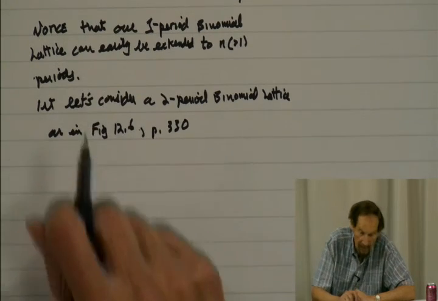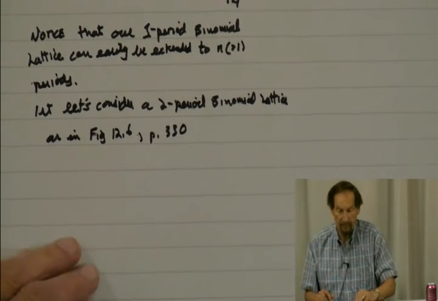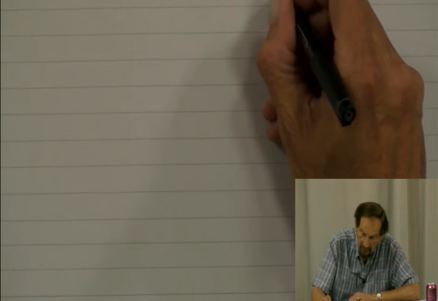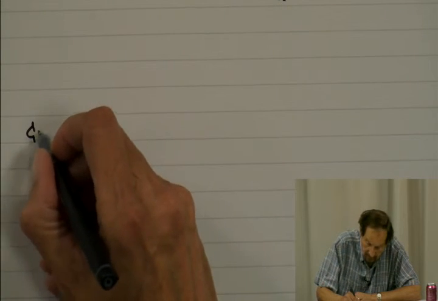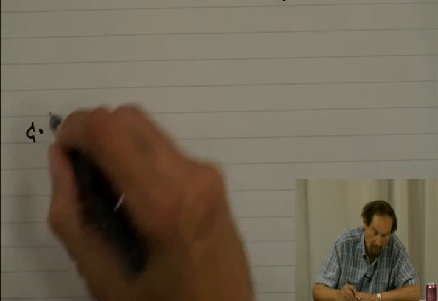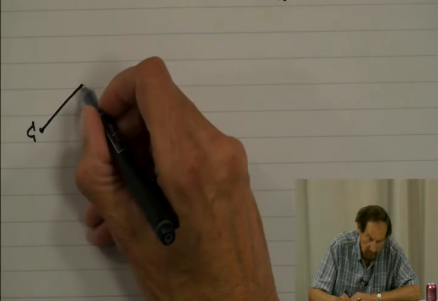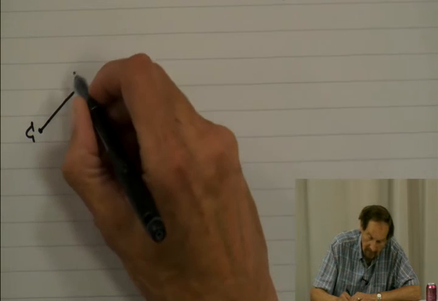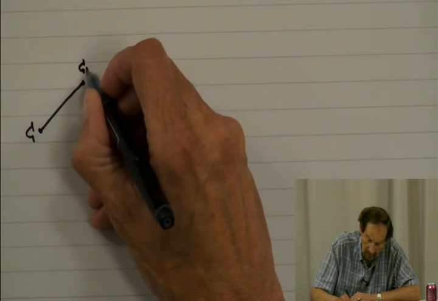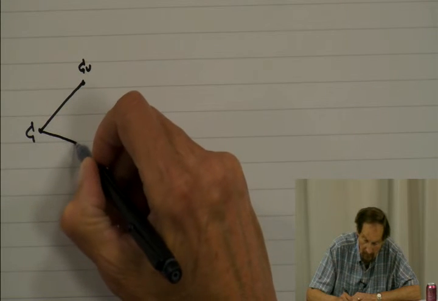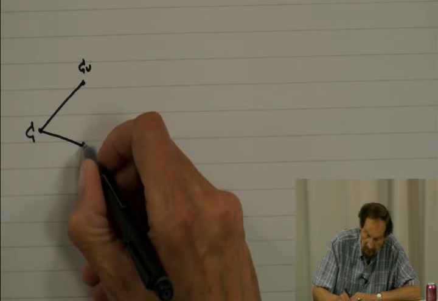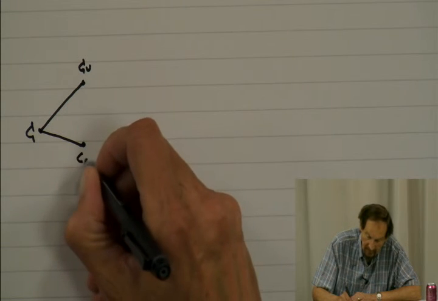Okay. Now let's look at this guy, this 2-period binomial lattice. We start off with C here. Then we go up to CU. See, C is the value of the 1 period, CU. Then we go to CD.